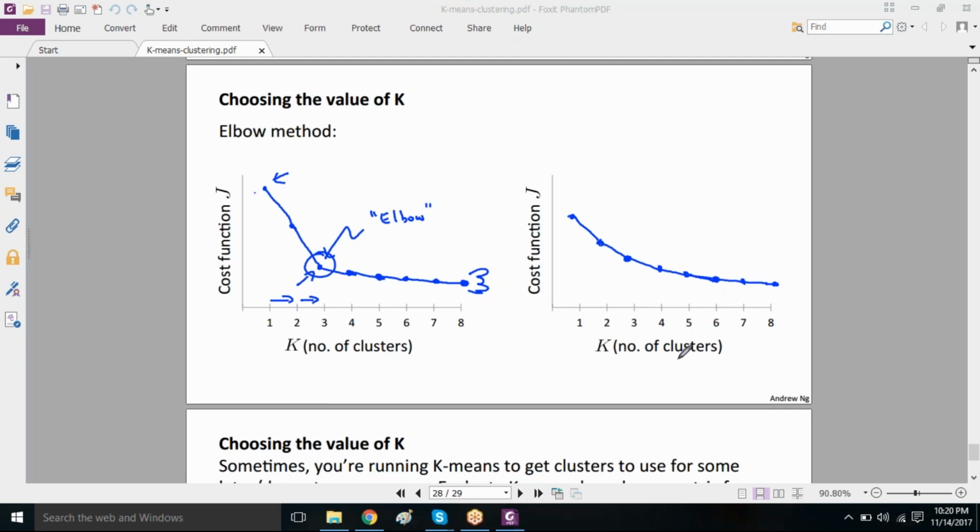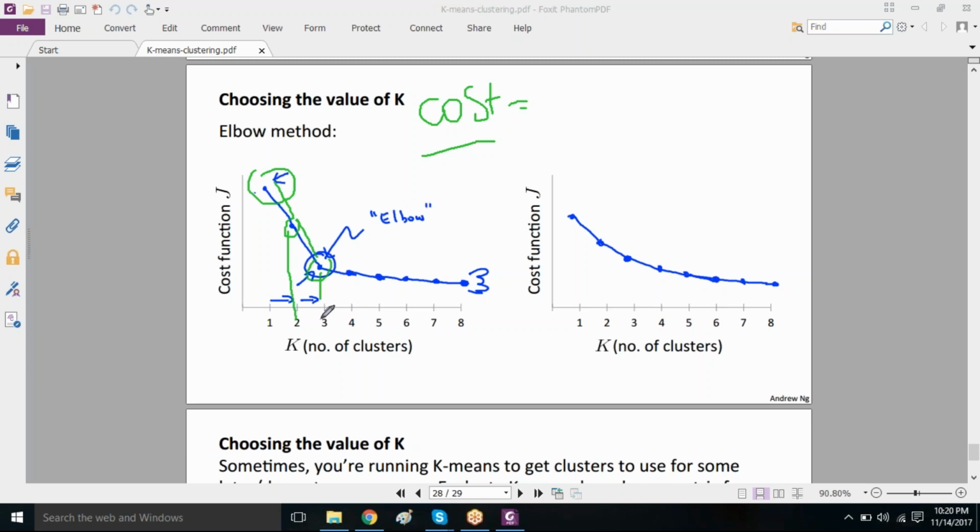With k equal to 1, you will find that the objective function, the cost, has a very high value. I will tell you what this cost is. Then for k equal to 2, you will find that the cost has decreased suddenly. For k equal to 3, the cost has decreased suddenly again.